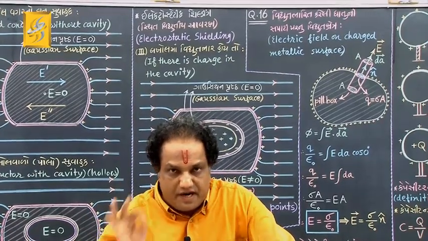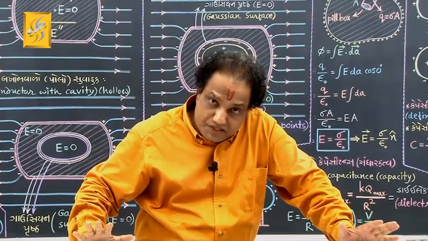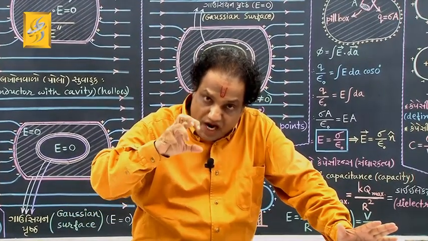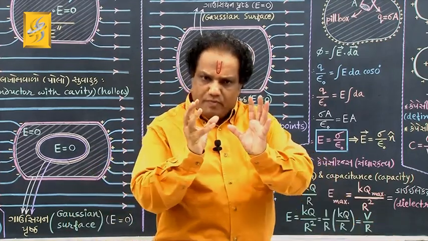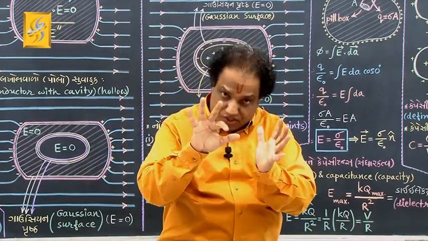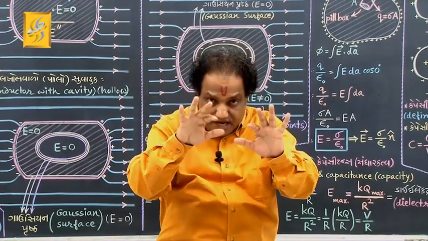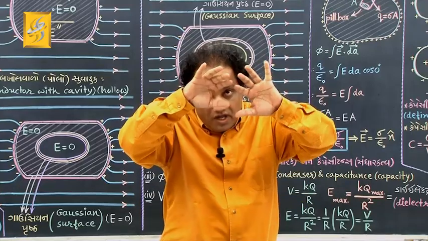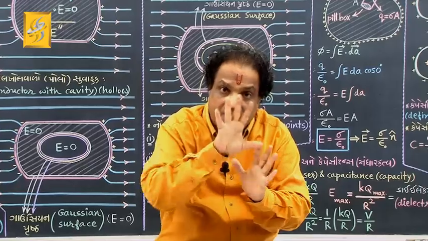Consider some metallic conductor with any shape, but there is some charge on the surface of that conductor. Whenever you make any metallic conductor charged, that charge resides only on the outermost surface. It does not penetrate inside the conductor.